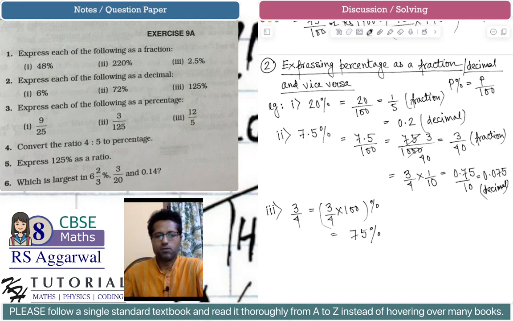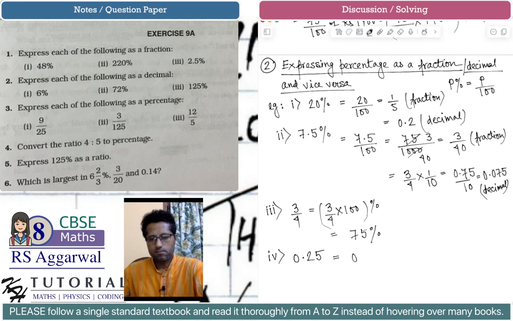Now let's see how we convert a decimal into a percentage. Let's say the decimal is 0.25. How do we express the decimal 0.25 as a percentage? It is very easy. You just multiply the decimal with 100, and that becomes the percentage.